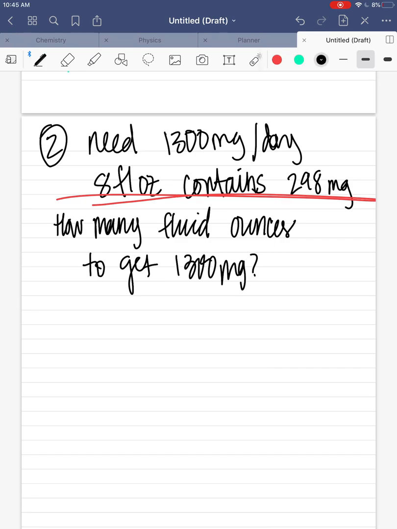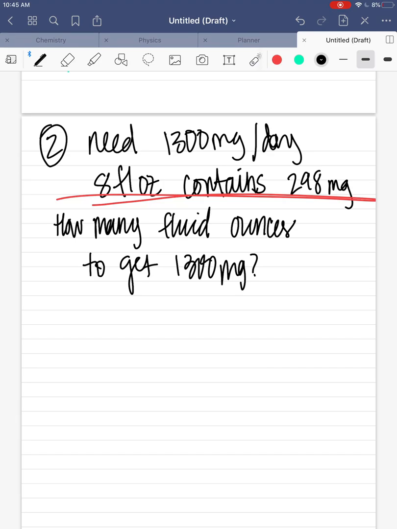Again, first thing you do is pull out your relevant information. We said we needed 1,300 milligrams per day. 8 fluid ounces contains 298 milligrams. How many fluid ounces to get to 1,300 milligrams? I'm trying to figure out the best way to set this up because there are 3 or 4 different ways you could do this.